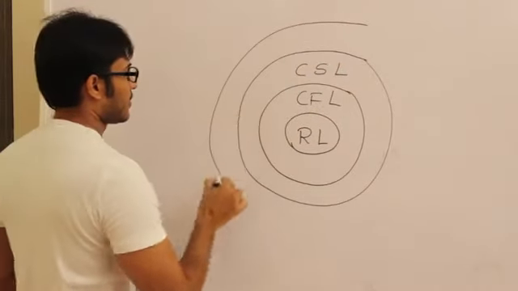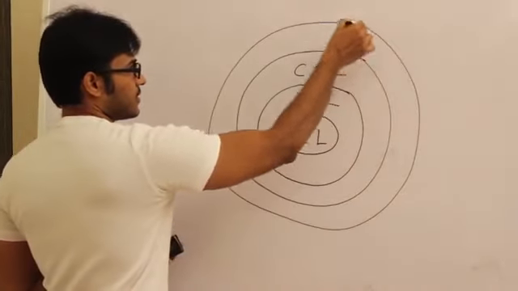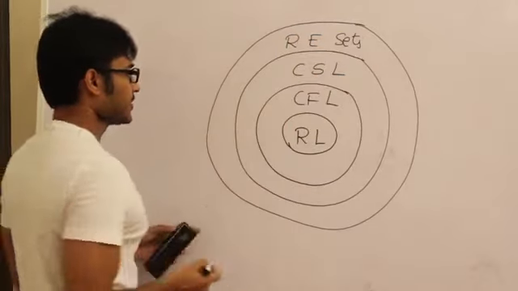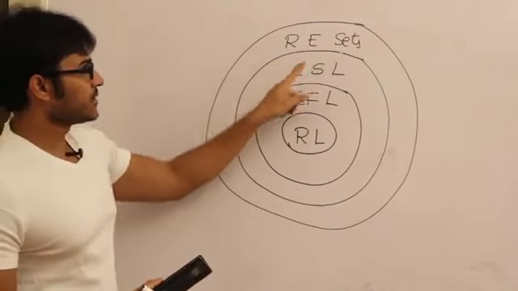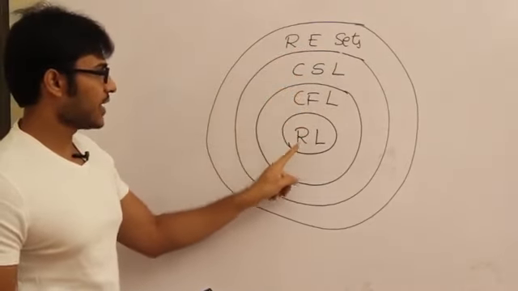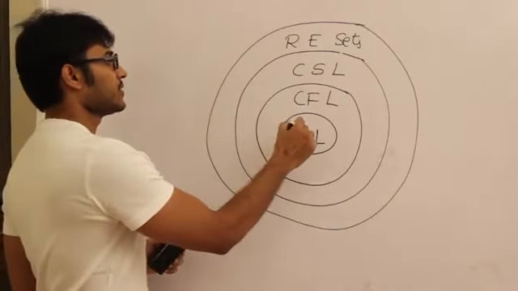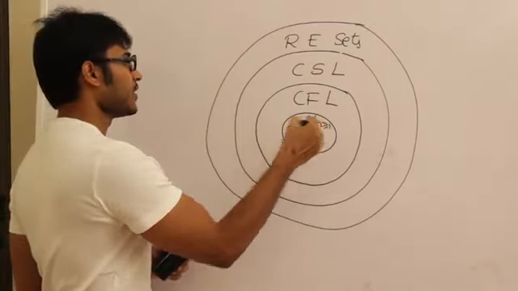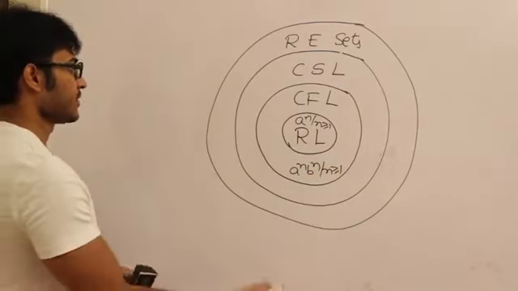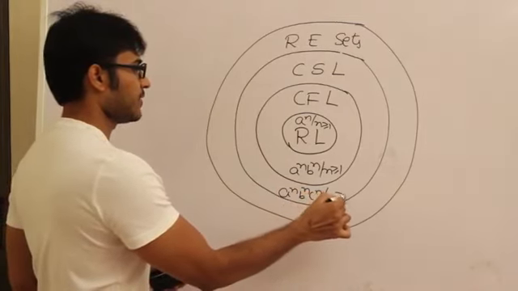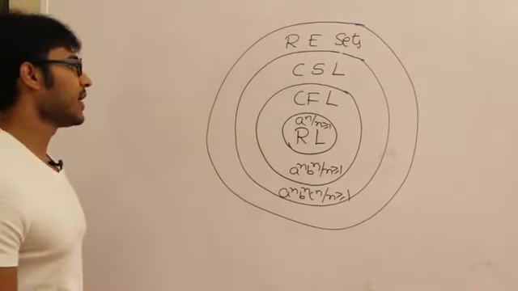Regular language, context free language, context sensitive language. And there is recursively enumerable sets, RES. Recursively enumerable sets, context sensitive languages, context free languages and regular languages. So if you have to see some example, a power n such that n is greater than or equal to 1 is a regular language, right? And a power n, b power n such that n is greater than or equal to 1 is a context free language. And a power n, b power n, c power n such that n is greater than or equal to 1 is a context sensitive language.